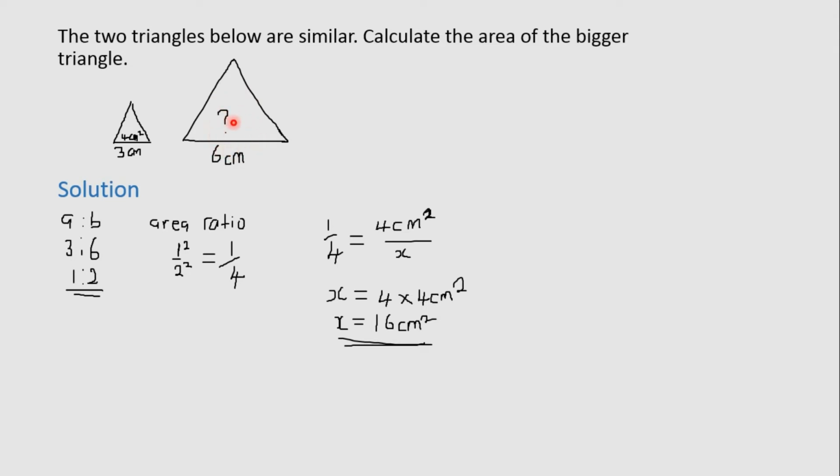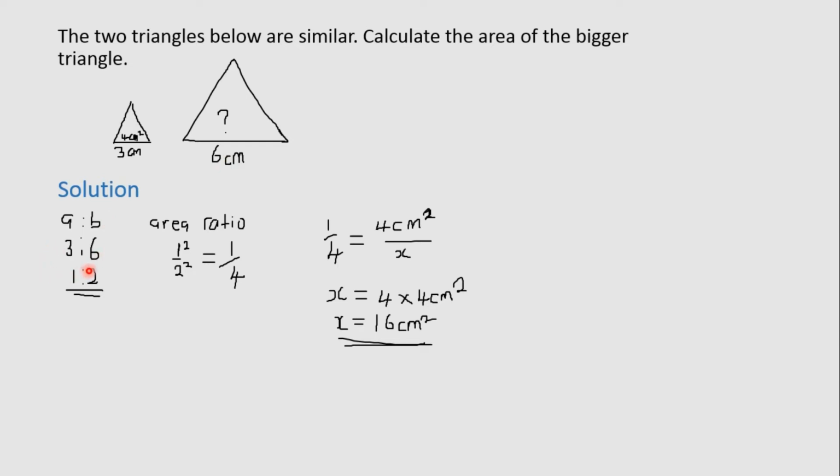Remember, the first thing you have to do is find the ratio of the corresponding sides. The ratio of the corresponding sides is A to B, where A is 3 and B is 6.